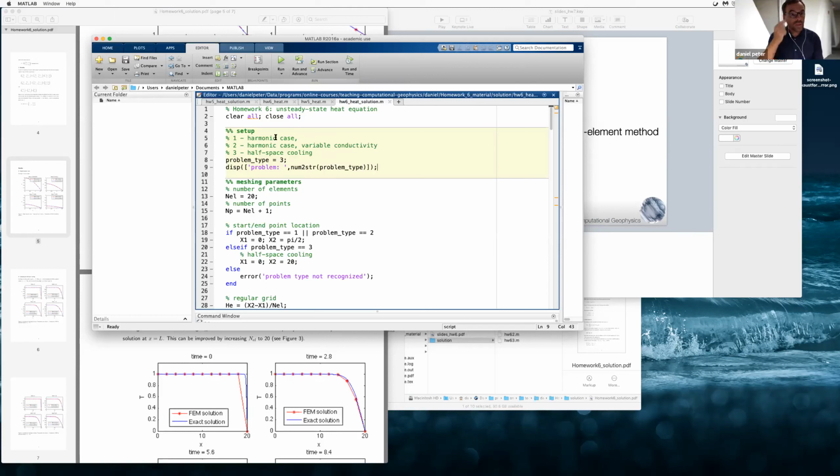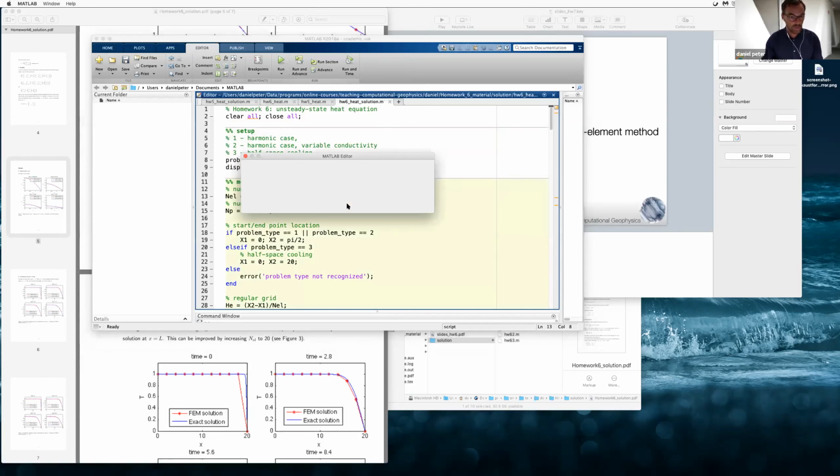I don't see where I can change the font size here. Good. So if I choose just case 1 and then play with the number of elements, let's say 10 here, and see if it actually runs.